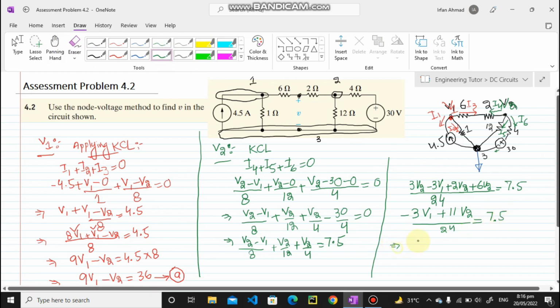So now simplifying it, 24 multiplied by 7.5 is equal to 180. Okay, so minus 3V1 plus 11V2 equals 180, moving this 24 to the other side and multiplying it with this 7.5, we will get 180. So this is equation B.